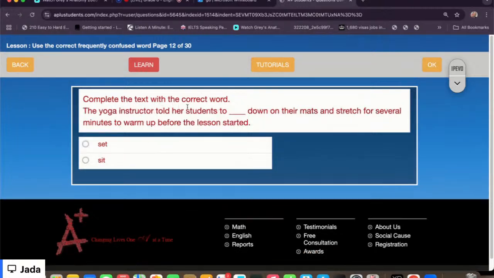So the yoga instructor told her students to set or sit down on their mats and stretch for several minutes to warm up before the lesson started.